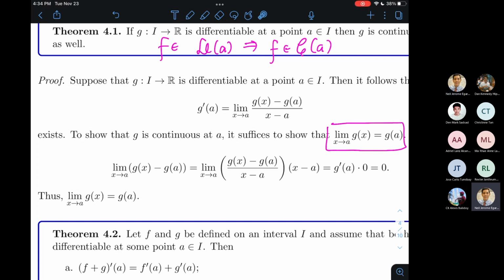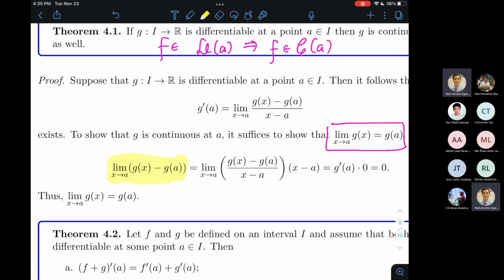Right? And then here's the trick that we will be using. Instead of right away computing the limit of G, ang i-compute ko ay yung limit ni G of X minus G of A. So this is the sneaky trick used to make the proof easier. Okay? So imbes na limit ni G of X yung tingnan natin, yung limit ni G of X minus G of A. Bakit ko siya gagamitin?